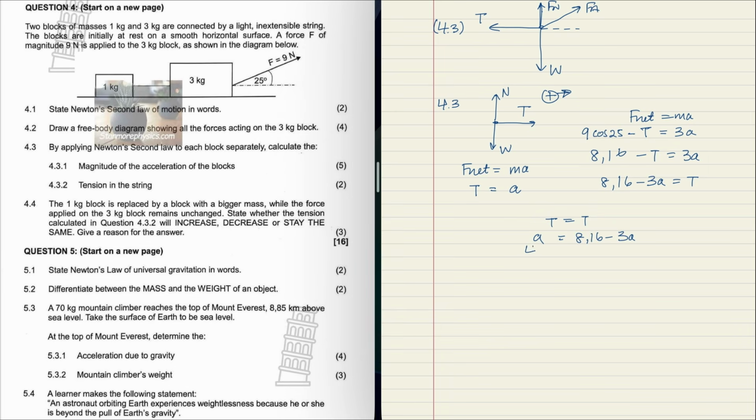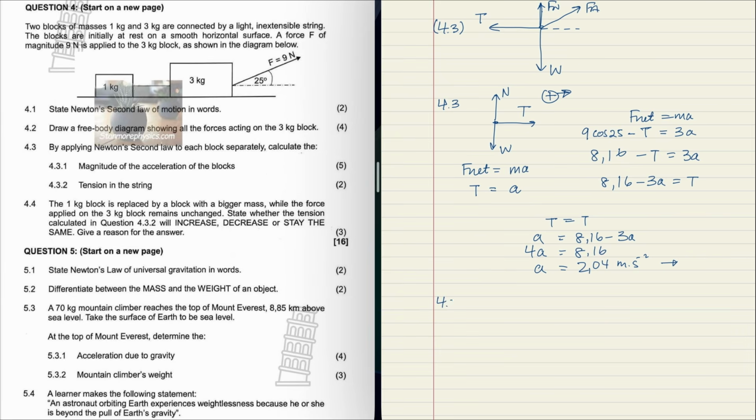That means 4a is equal to 8,16. That means a is equal to 8,16 divided by 4, which is 2,03, well, 2,04 meters per second squared, and that is going to be to the right. Well, the question asks for magnitude, so we don't need to give a direction.